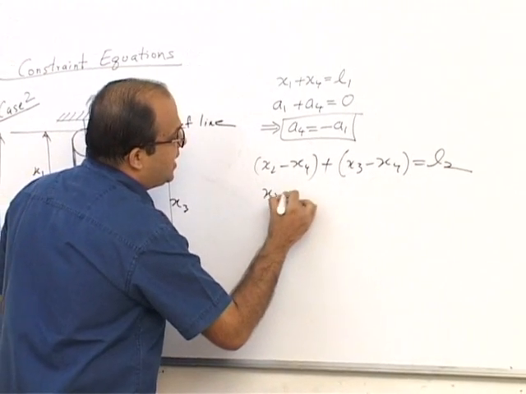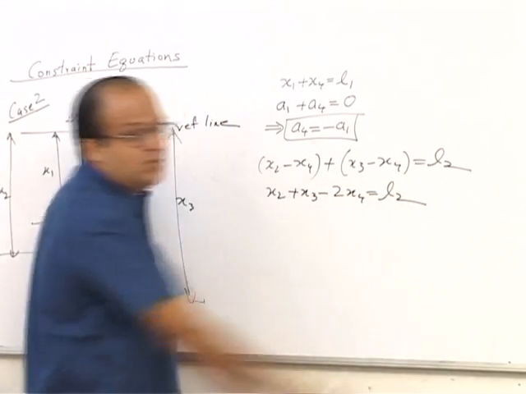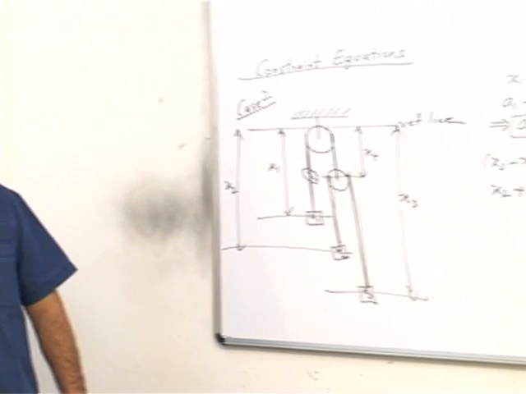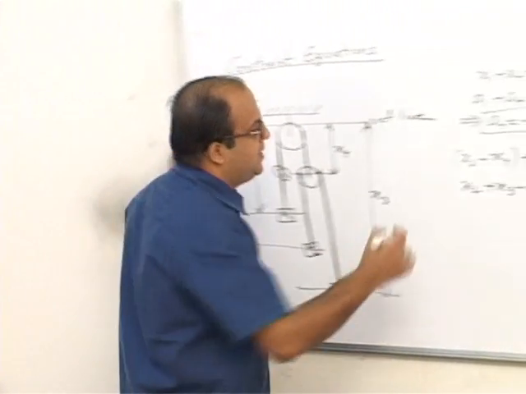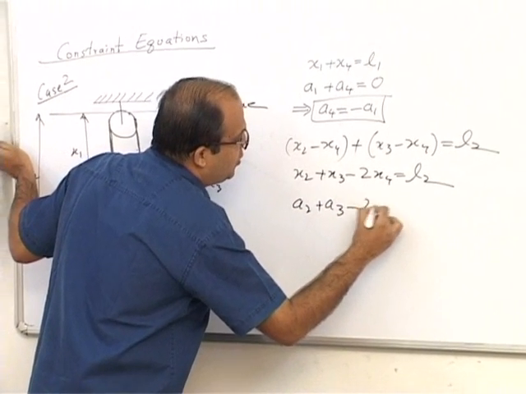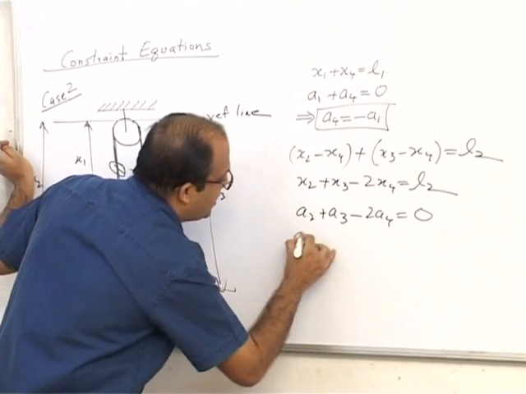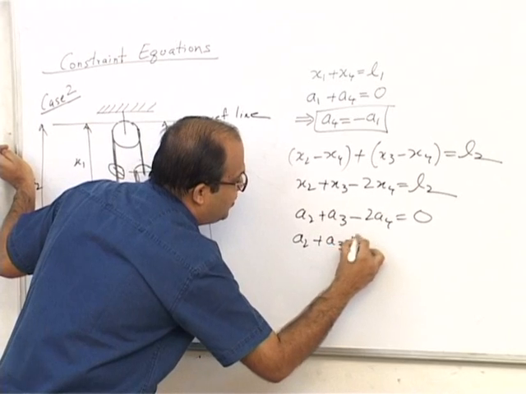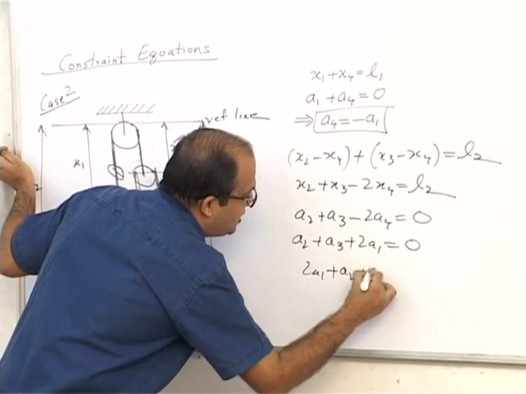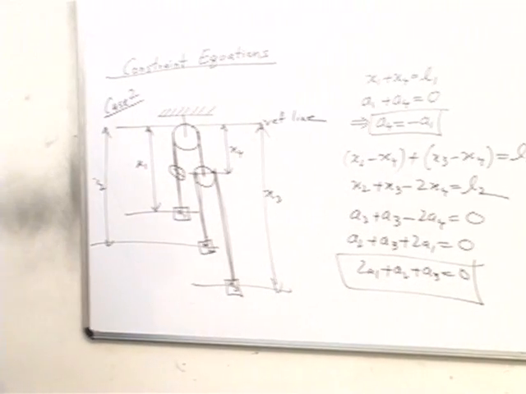This gives us x2 plus x3 minus 2x4 is equal to L2. Right? Again, if we differentiate this equation twice with respect to time, a2 plus a3 minus 2a4 will give you 0. a4 is minus a1. Therefore, a2 plus a3 plus 2a1 equal to 0. So this is the constraint equation: 2a1 plus a2 plus a3 equal to 0.